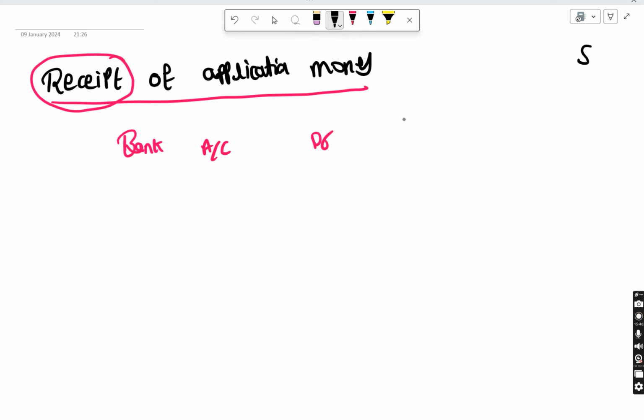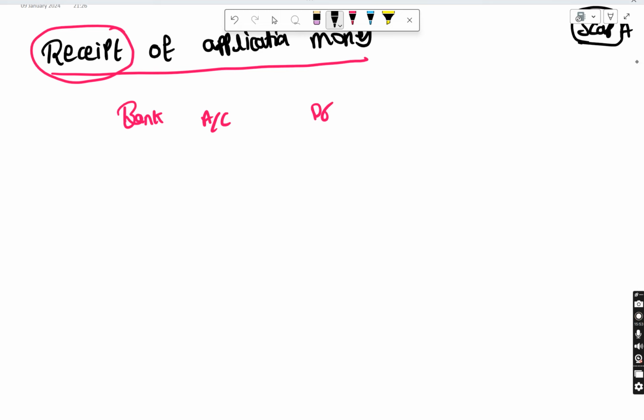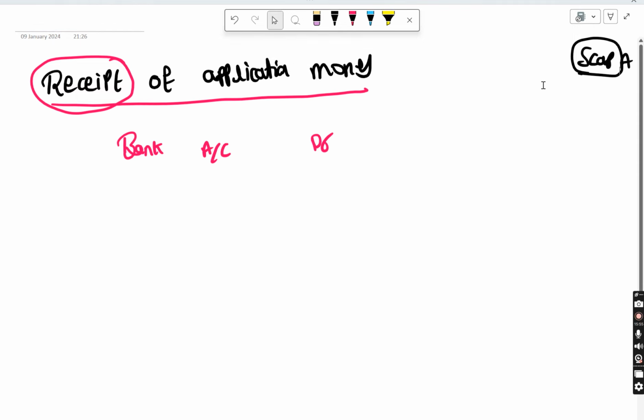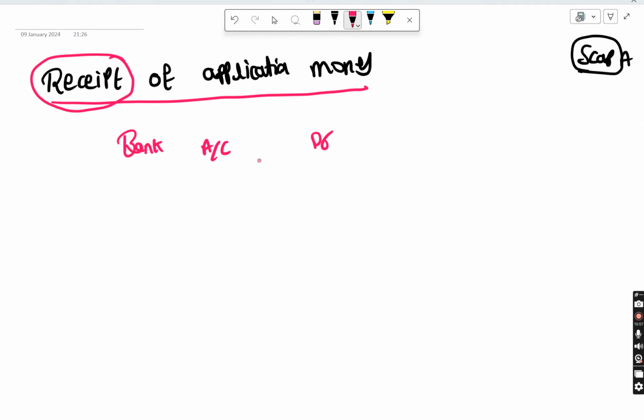Now ultimately, money should go to where? Share capital account. But here we don't transfer money directly to the share capital account. First we put it in a dummy account: bank account to share application account.